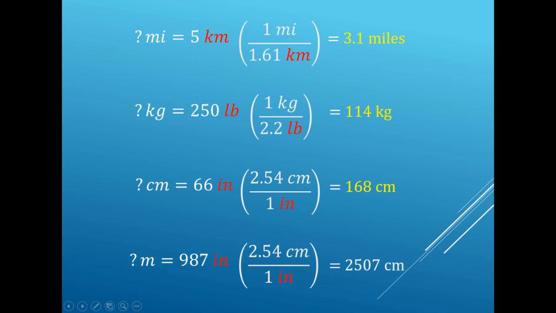Now remember our staircase method from the beginning. We know that centimeters is 2 places to the right from a meter. So if we want to go from centimeters to meters, we would have to move our decimal 2 places to the left. So 2,507 centimeters is going to be 25.07 meters.